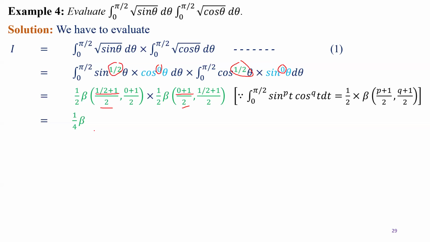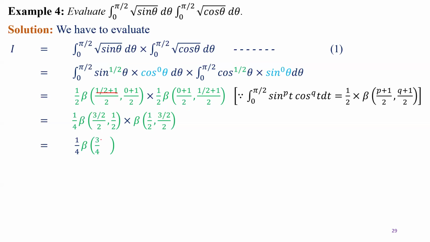Now if we simplify it, 1 upon 2 into 1 upon 2 will become 1 upon 4. Beta of this: 1 by 2 plus 1 is 3 by 2, upon 2. 1 by 4 beta of 3 by 4, 1 by 2 into beta of 1 by 2, 3 by 4.